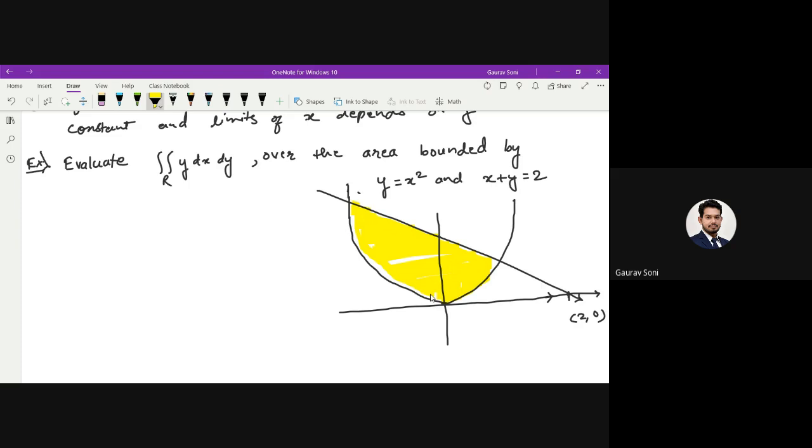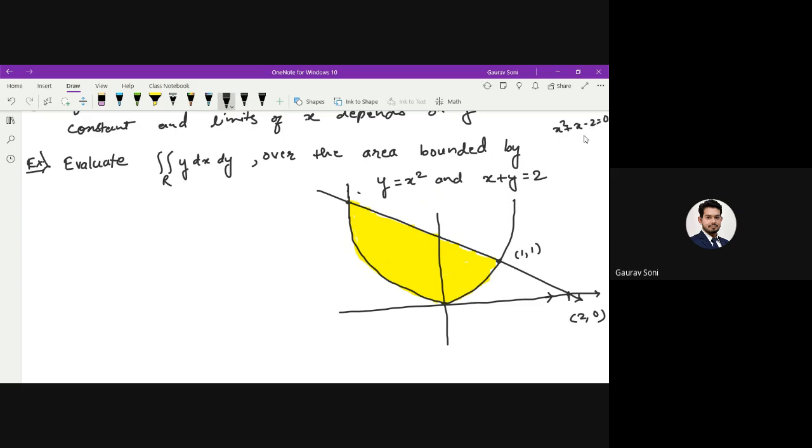Which strip would you like to take, horizontal or vertical? Vertical would be better. Why? This point is 1 comma 1. What about this other point? How do you find it? You put the first equation in the other one. So what we have is x square plus x minus 2 equal to 0.